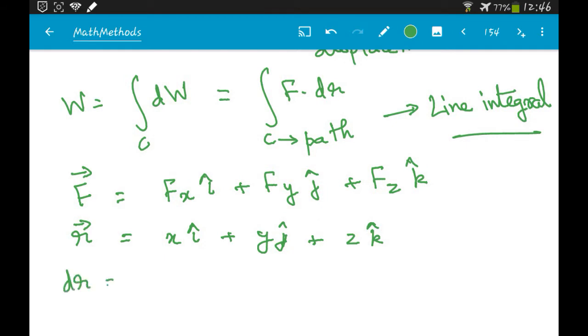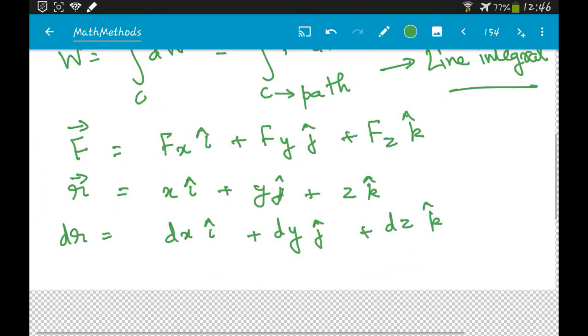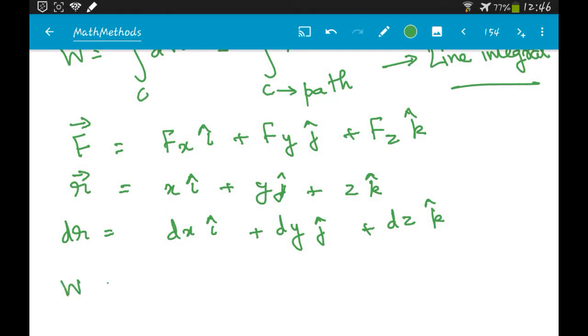So dr will be given by dx i plus dy j plus dz k. Finally W will be the dot product of these two, integrated over the path C. This is going to be your work done.